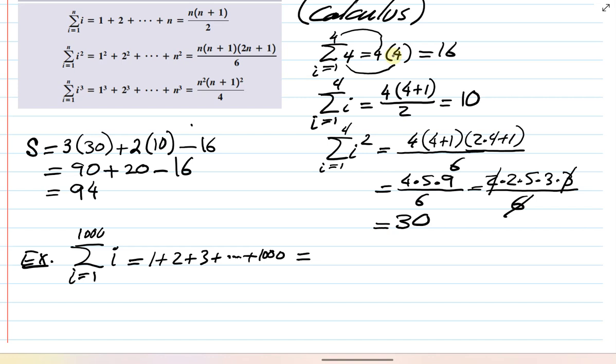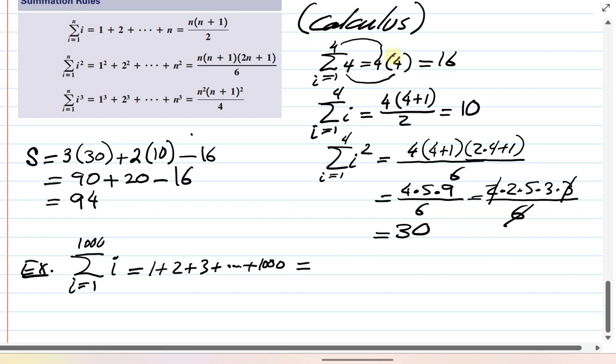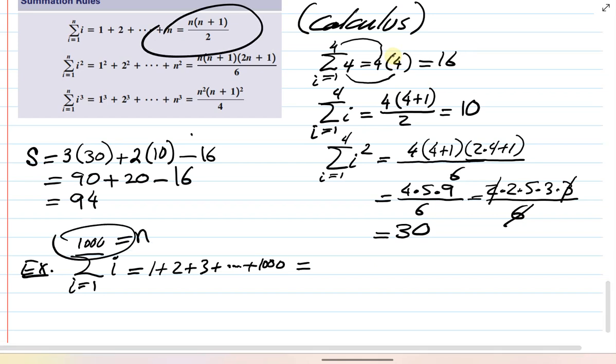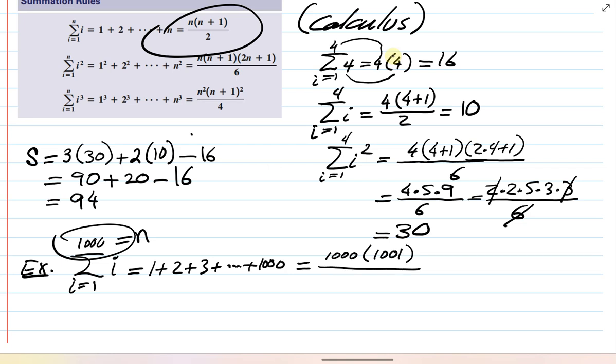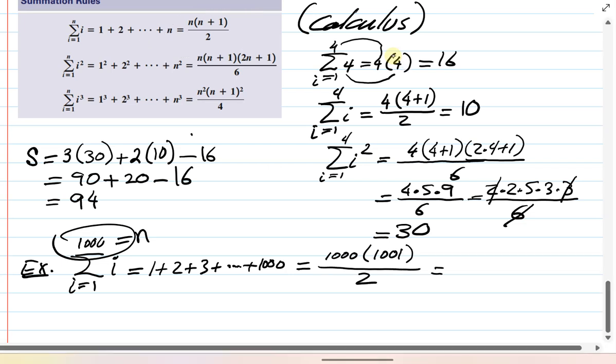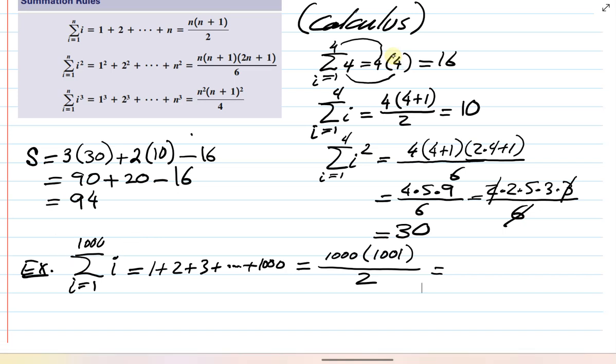So instead, I'm going to use the formula. N is 1,000, and I'm looking at this formula. So the sum is going to be 1,000 times 1,001 divided by 2, isn't it? That's going to be the total of the first 1,000 counting numbers. 1,000 by 2 is 500.